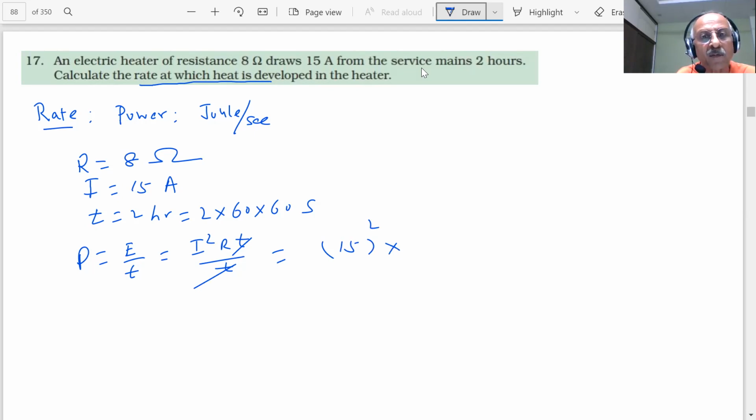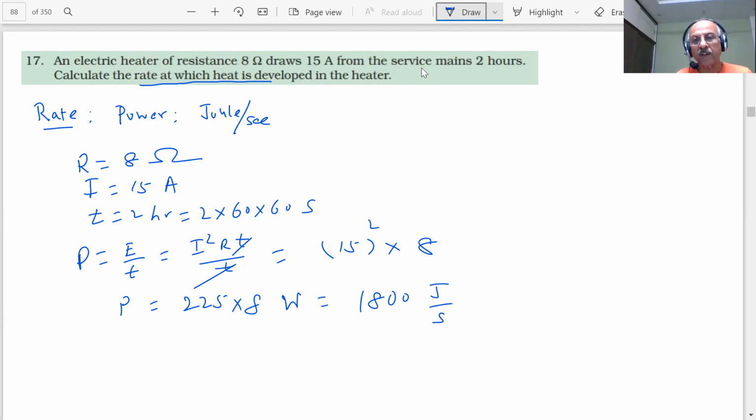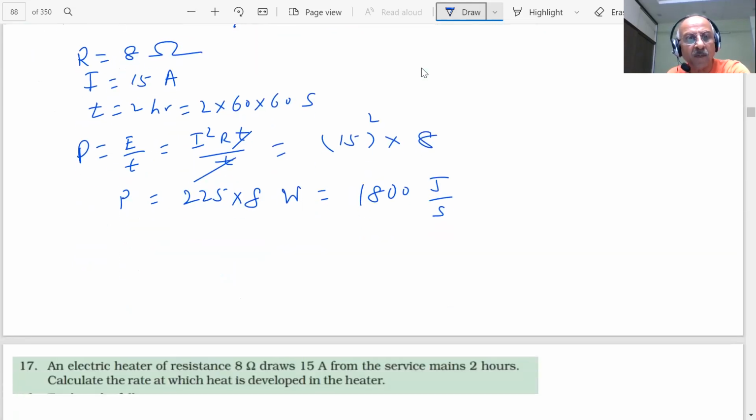And what is R, student? 8. How much are we getting, student? 225 into 8 watts. So 1800 joules. 1800 joule per second. Rate means joule per second. What is joule per second, students?